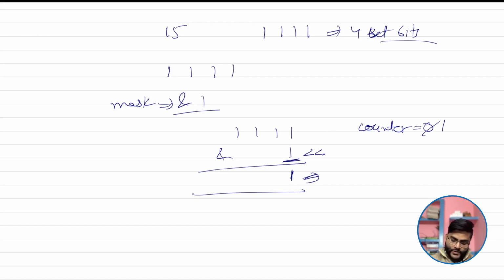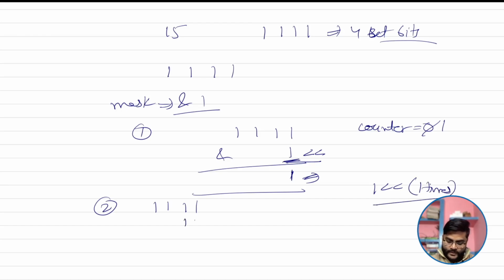So this is my first step. In the second step, again take the same number, after doing one left shift of the mask, so it will be 10. Again do AND and it will be 0100. This is again non-zero, so increment the counter, counter will be 2.